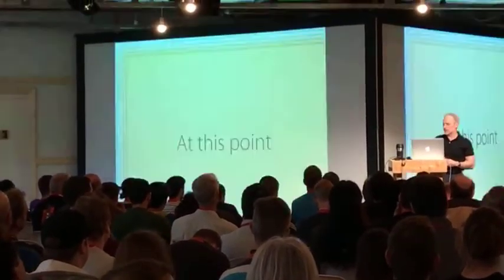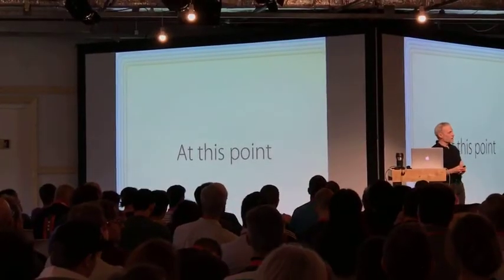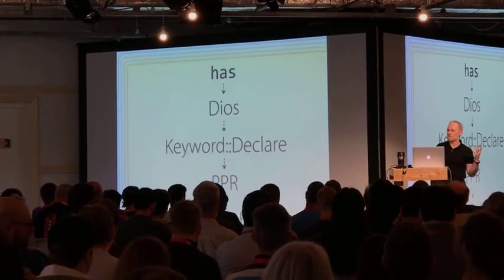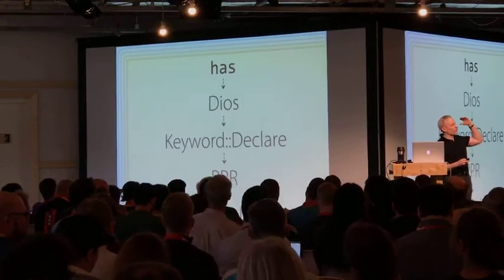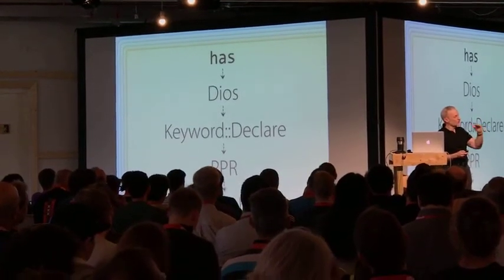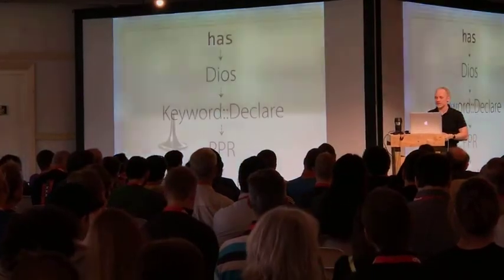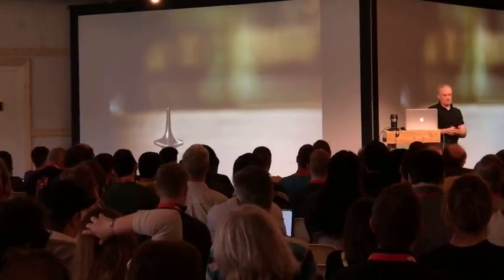Now, of course, at this point, I realised the magnitude of my folly. At this point, I realised that in order to create my has keyword, I had to descend through 5 levels of indirection to get there. I was more or less in the script of Inception.